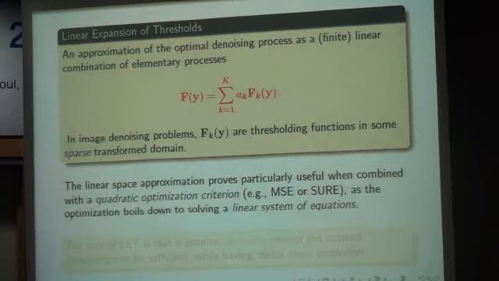The nice thing when you have a linear expression like that is that when you have a quadratic measure to minimize, and typically the MSE, the mean square error, or as we are going to see, the SURE, which is an estimate of this mean square error, which is also quadratic, when you minimize something quadratic in the coefficients, you get a linear system of equations.